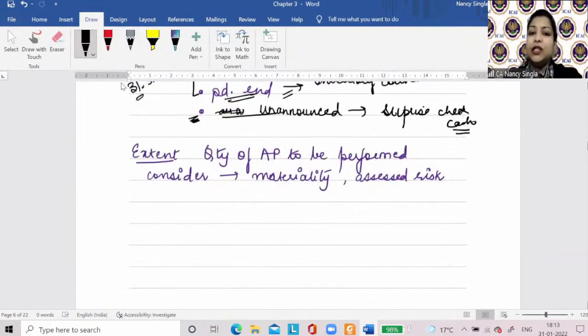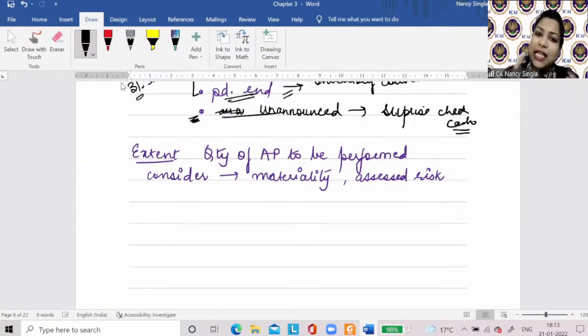Extent. That is, what quantity of audit procedure you are going to perform with respect to a particular item of the financial statement. The auditor may consider materiality. He may consider his assessment of risk of material misstatement in order to determine the extent of checking with respect to a particular item.